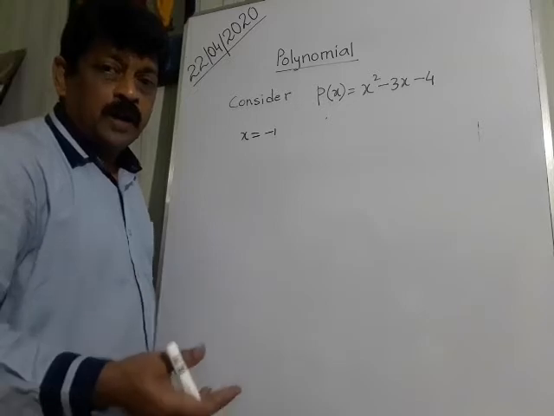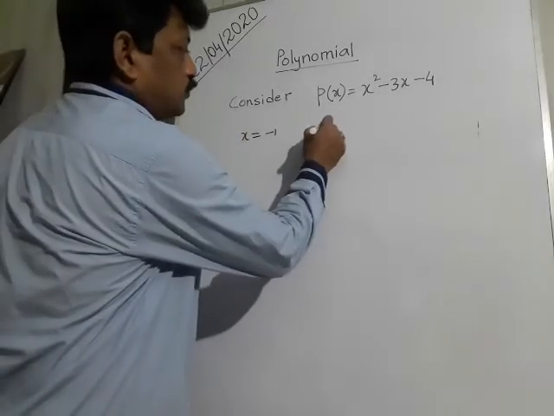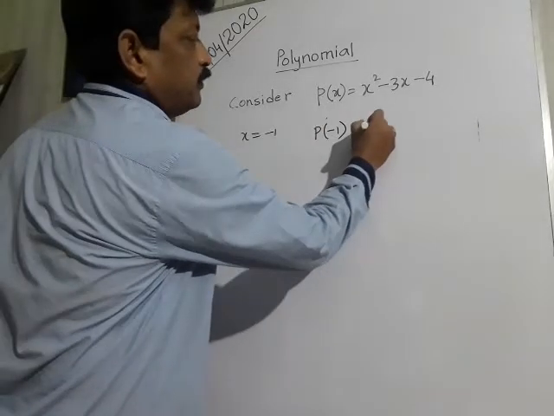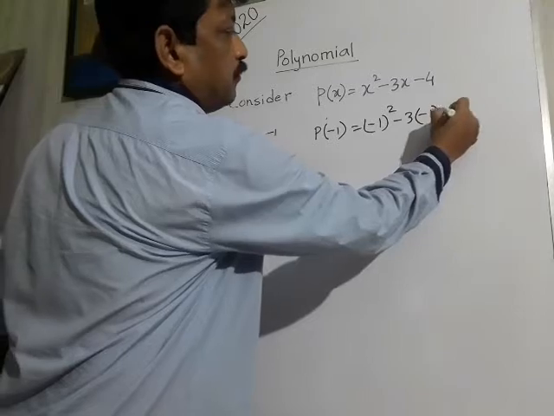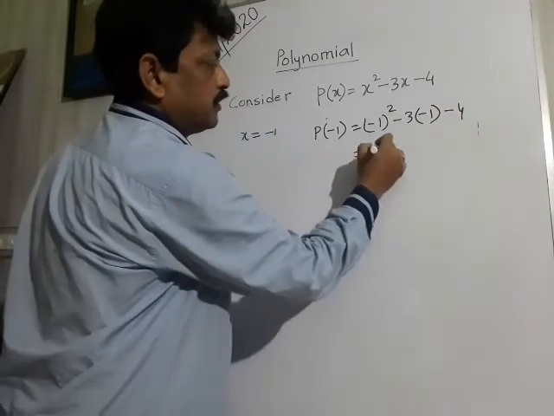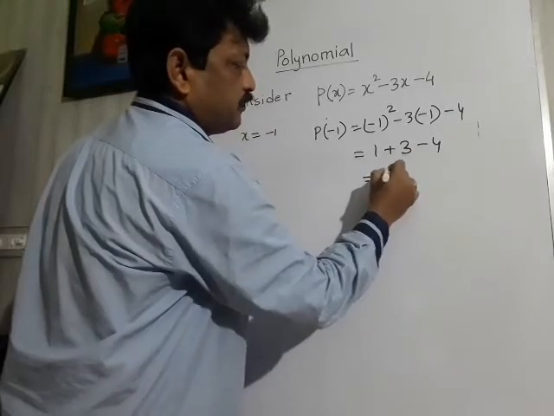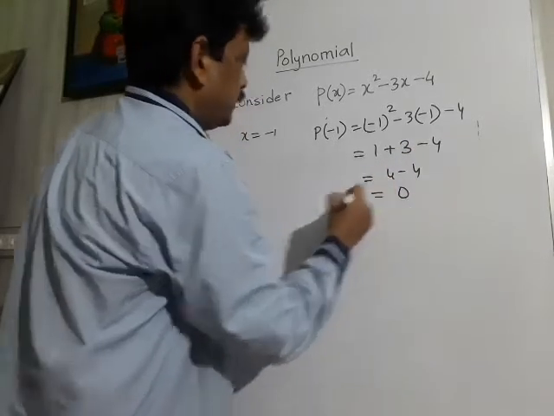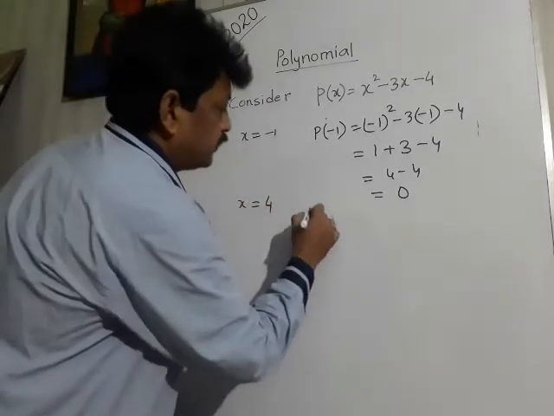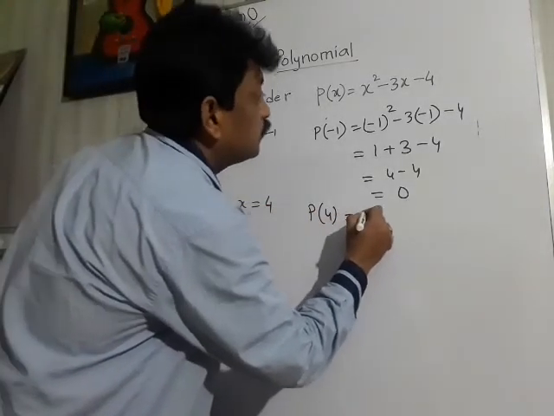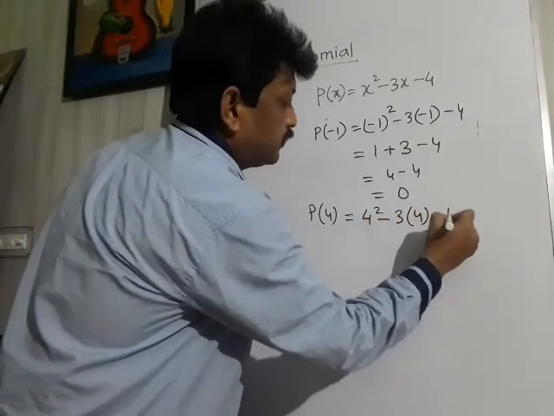Now see what happens if I put x equals minus 1. So p(minus 1) will be minus 1 square minus 3 into minus 1 minus 4. So that will give us 1 plus 3 minus 4, that is 4 minus 4, which is 0. Similarly, if we put x equals 4, then p(4) is equal to 4 square minus 3 into 4 minus 4.